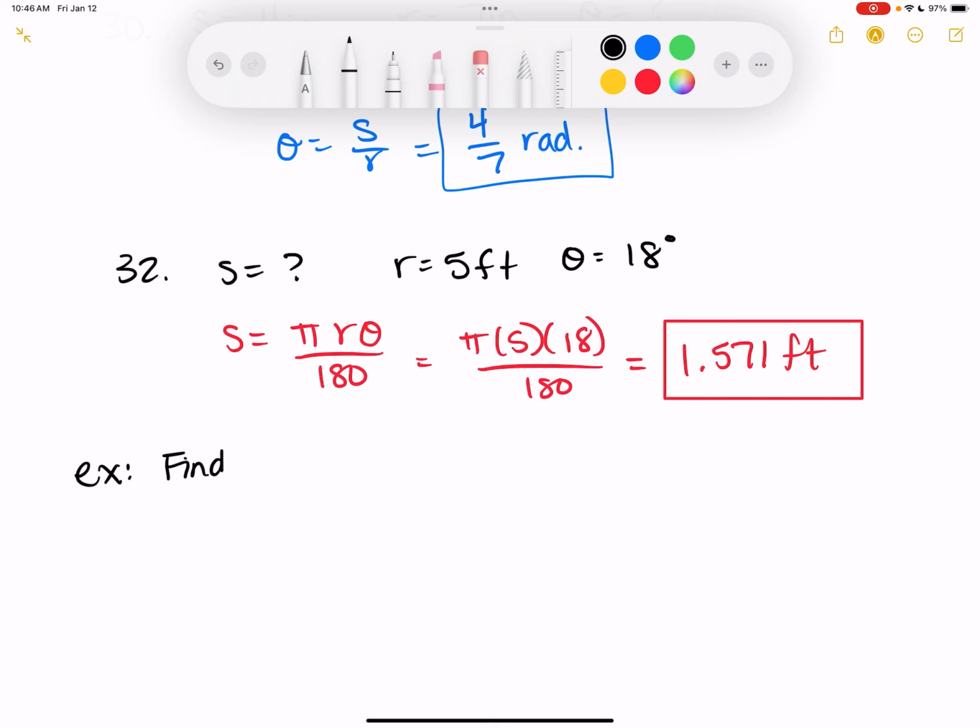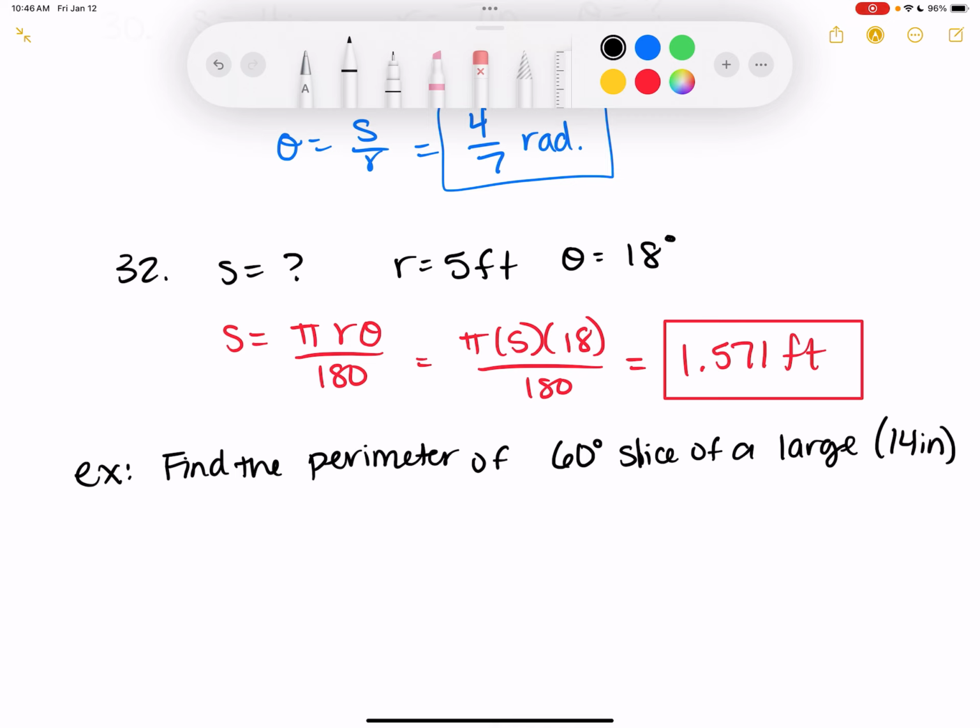Find the perimeter of a 60-degree slice of a large 14-inch pizza. A 14-inch pizza is talking about the diameter, so we need to pay attention to the fact that the radius would be 7 inches.